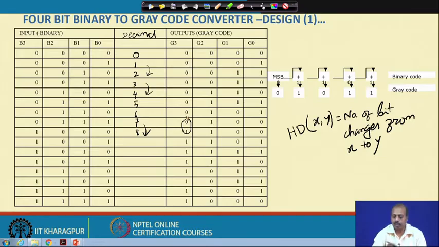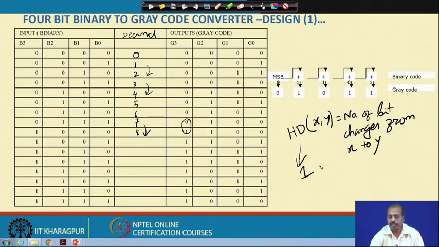So in gray code, the Hamming distance is always equal to 1 between two successive decimal values. This has many applications in digital systems, and so this decimal to binary to gray code conversion is sometimes very useful.